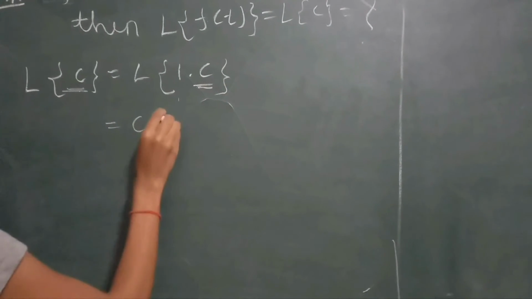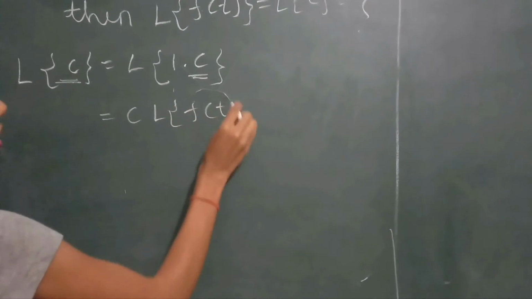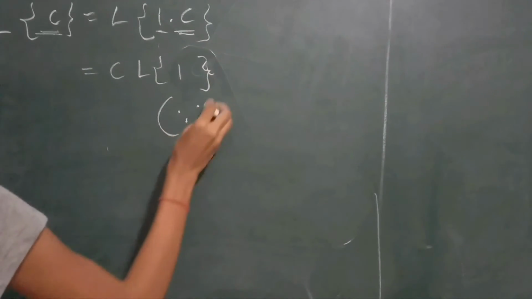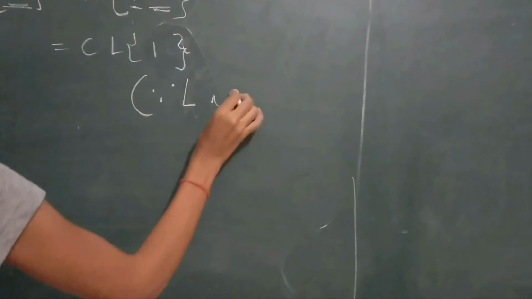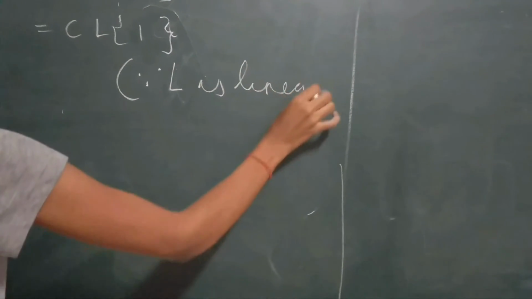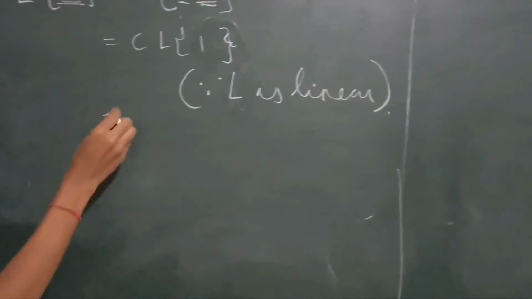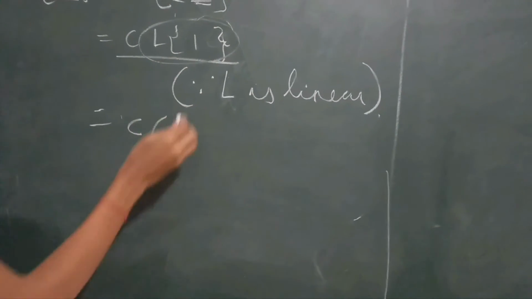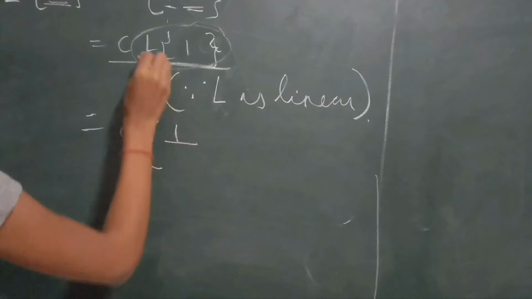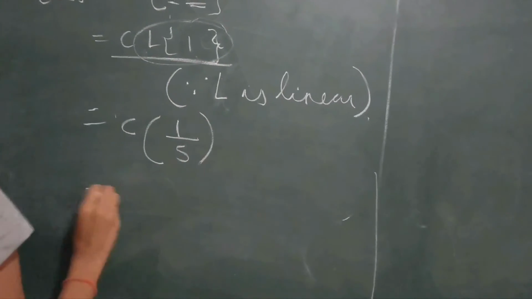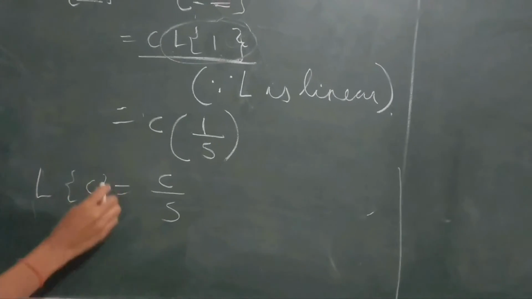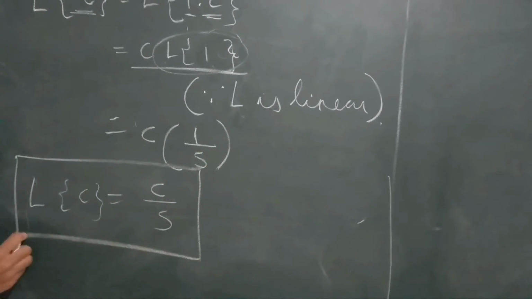C is a constant, so c times L of 1, because L is linear. And we know that L of 1 is 1 upon s, so this is c upon s. So L of c is c upon s.